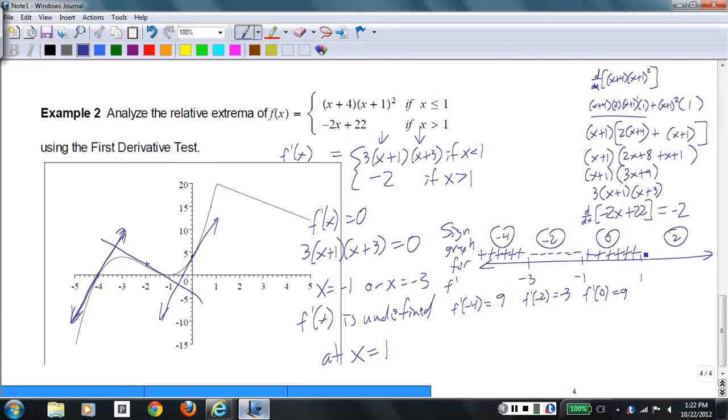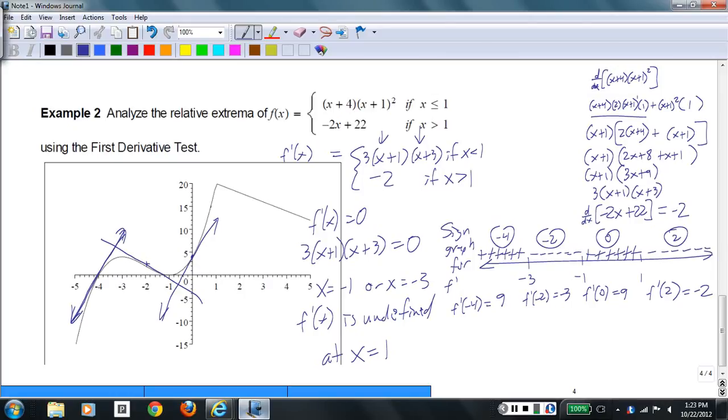So it's positive. And finally, f prime of 2. Now, if x is greater than 1, we're going to use this other expression, the negative 2. So f prime of 2 equals negative 2, and it is negative right there.